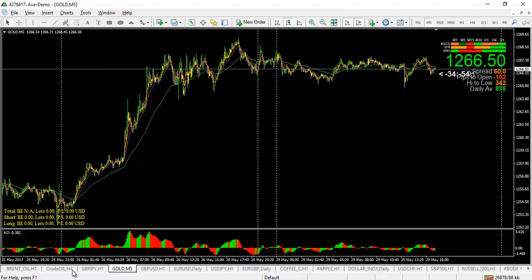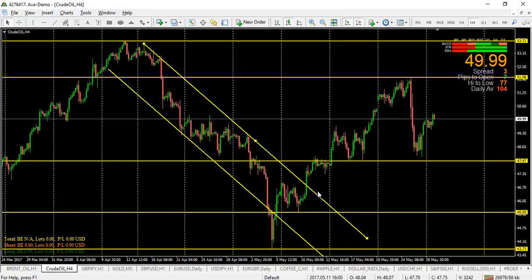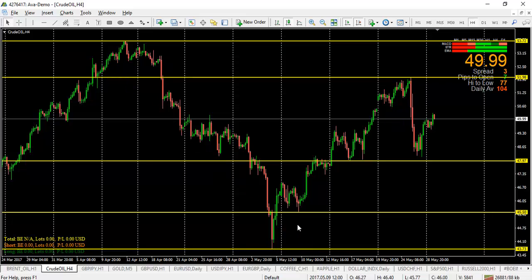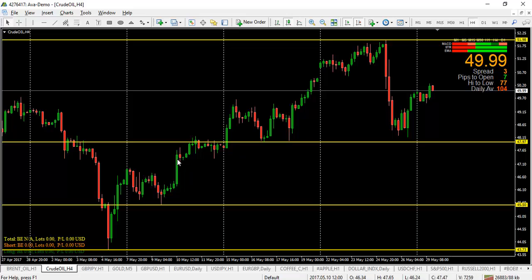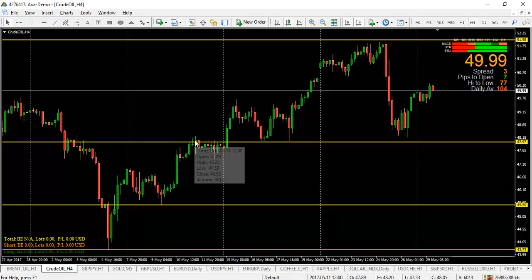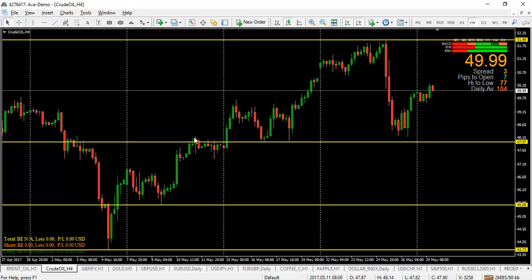Again, we'll go to the oil chart. Let's get rid of this. Okay, here is one small example. You see, the market goes up to the resistance here, it pulls back, here it pulls back, here it pulls back.